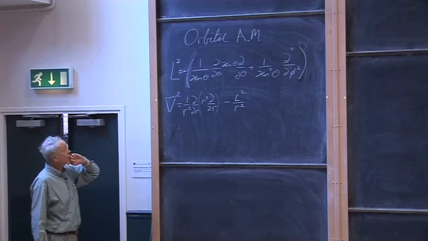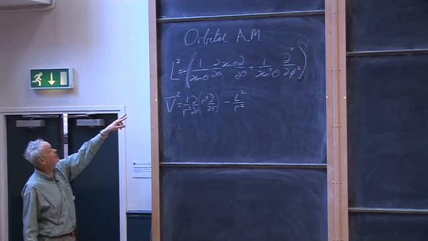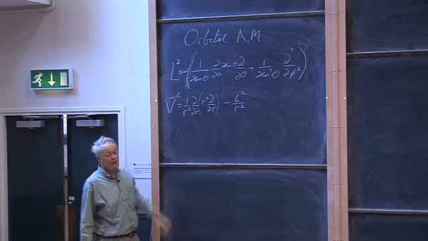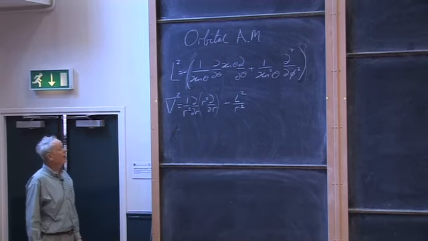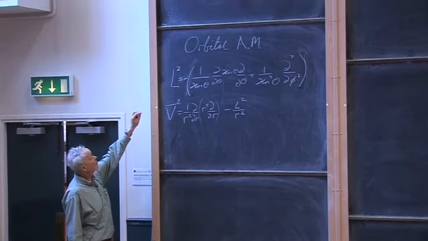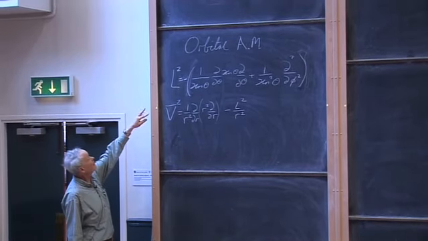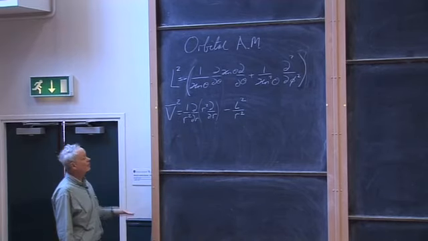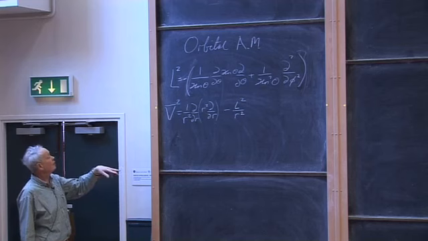this. And we should recognize that this L squared is minus this combination of partial derivatives with respect to theta and phi. It's minus r squared times the angular part of del squared, the Laplacian, when put into spherical polar coordinates.